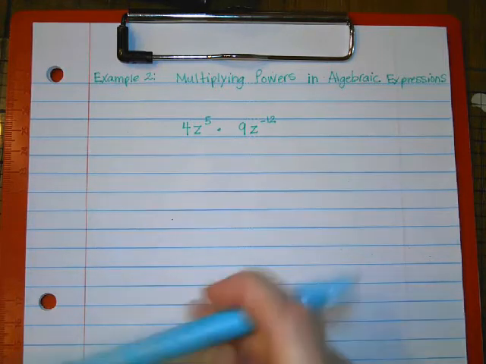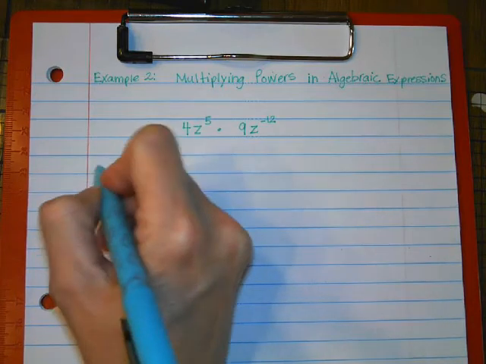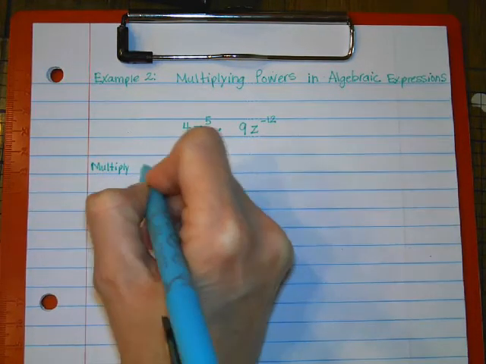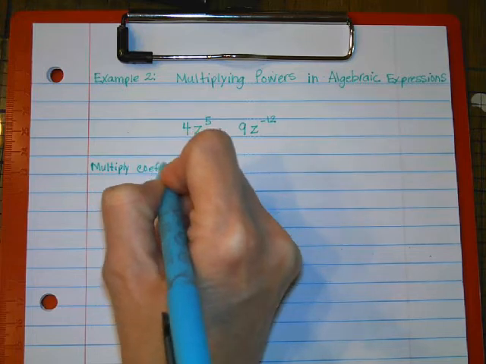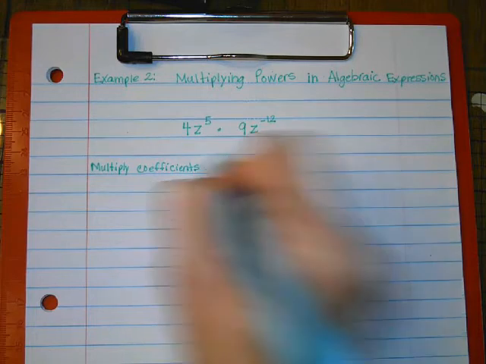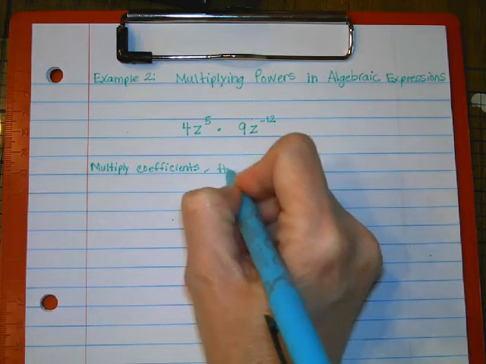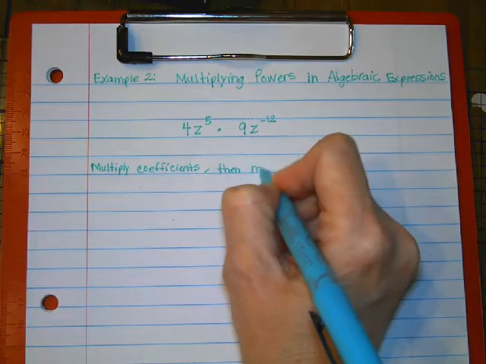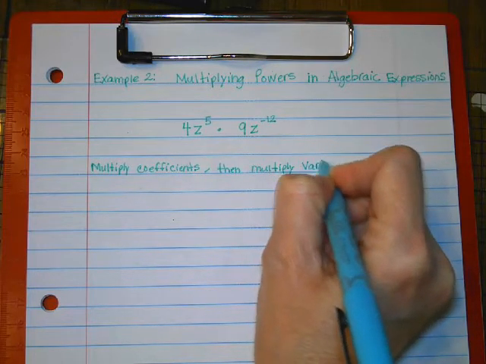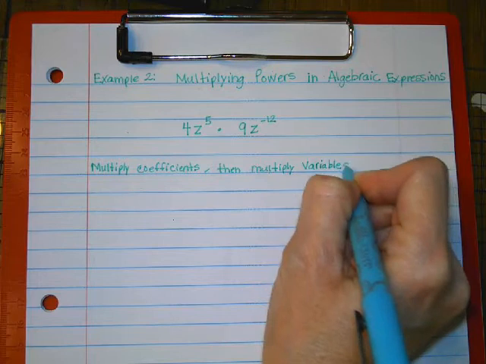So the rule to doing this first is you're always going to multiply coefficients, then multiply variables, as long as they're set up like this.